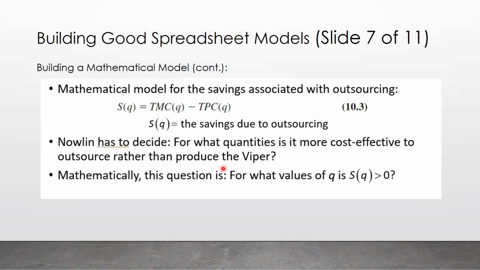Because management does not yet know the required demand, the question is, for what quantities is it more cost effective to outsource rather than produce the Viper? Mathematically, this question is for what values of Q is S of Q greater than 0. Next, we discuss a spreadsheet implementation of our conceptual and mathematical models that will help us answer this question.